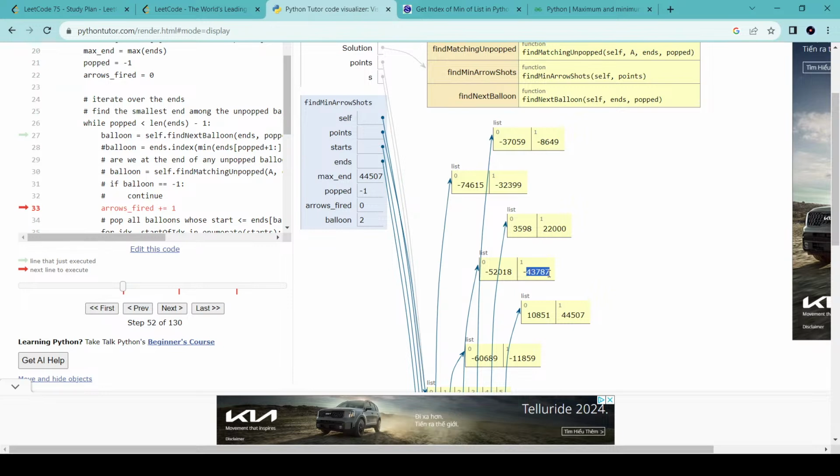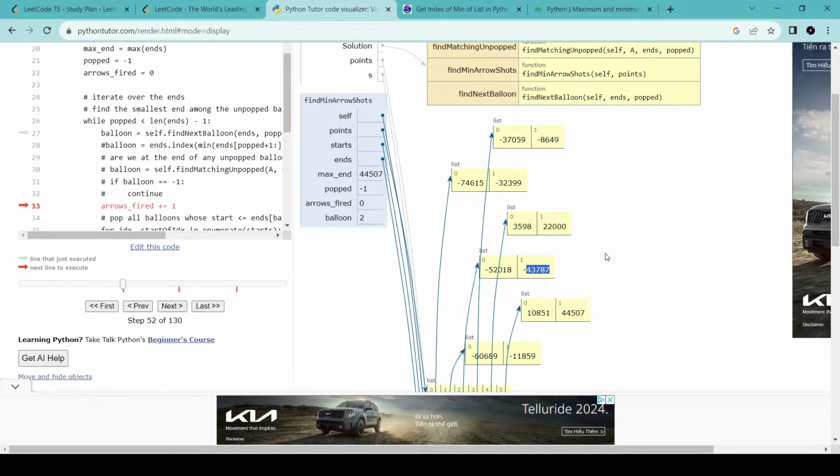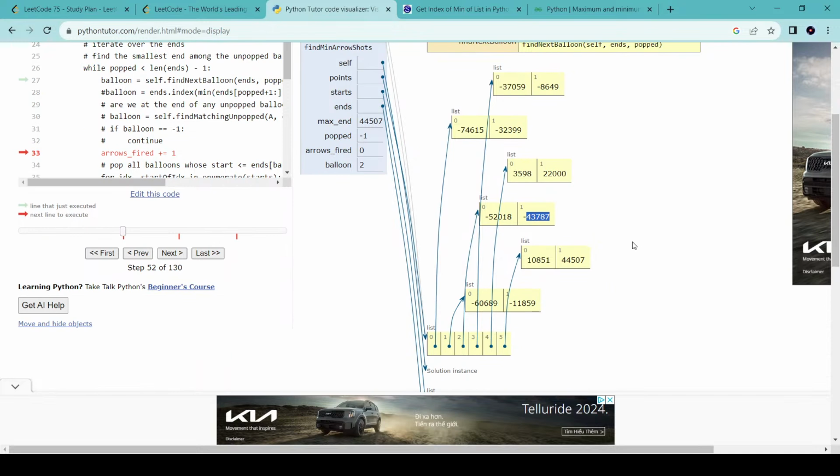Based on this, we are going to pop balloon 1, balloon 0, balloon 2. Does it pop balloon 3? It does not pop balloon 3.